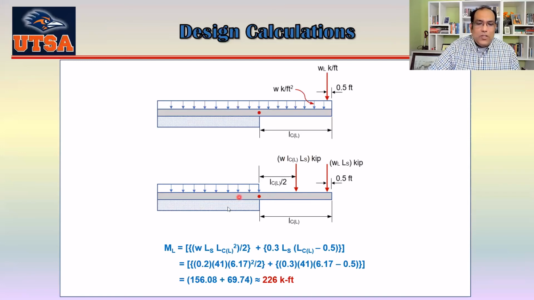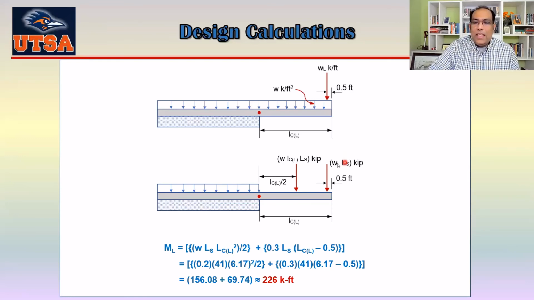So you can see this one is WL, LS, LCL, and then again multiplying the distance here, LCL, that's LCL square by 2. And then I'm adding this one here. If you don't have any line load, then you don't have to add that one, okay?